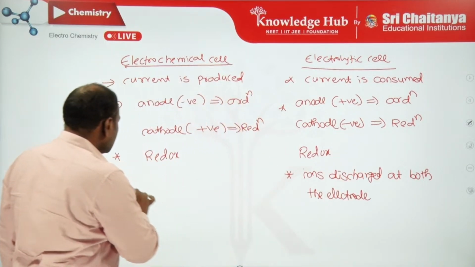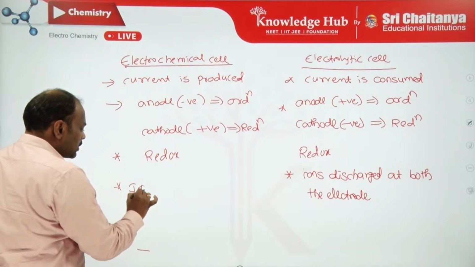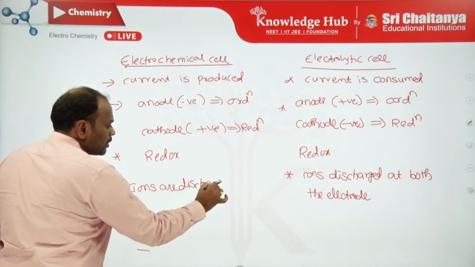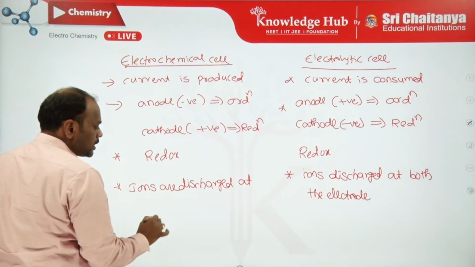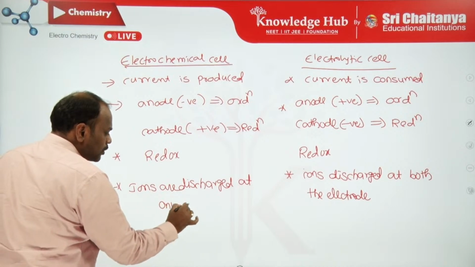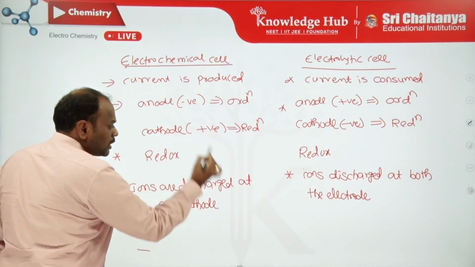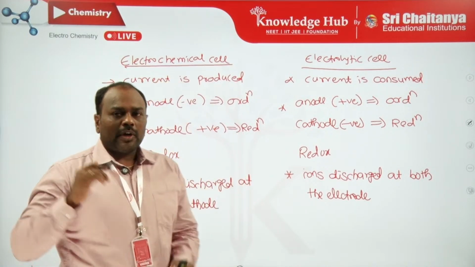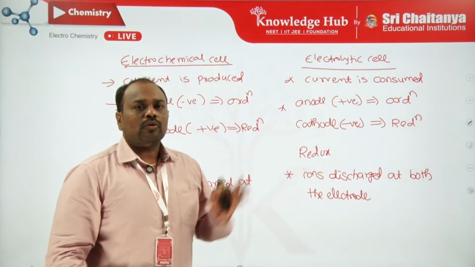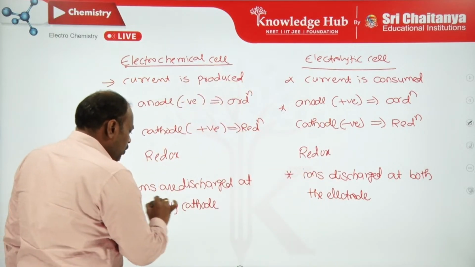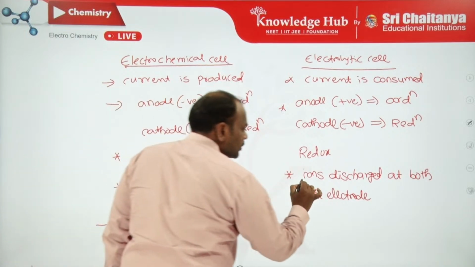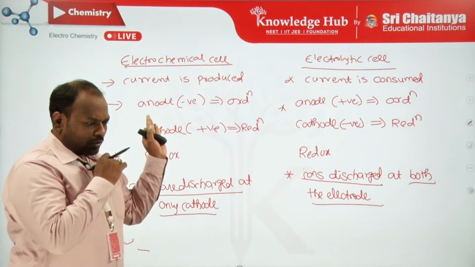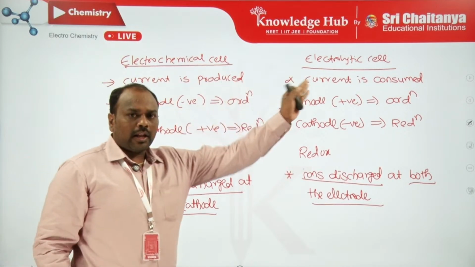But here ions are discharged only at the cathode, not at the anode. So these are the major differences between the two cells: the electrochemical cell and the electrolytic cell.